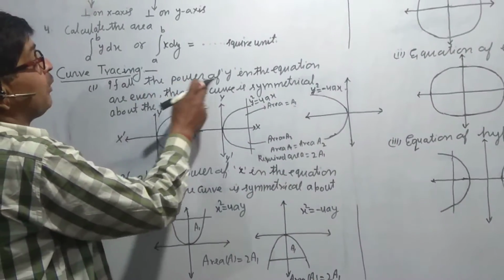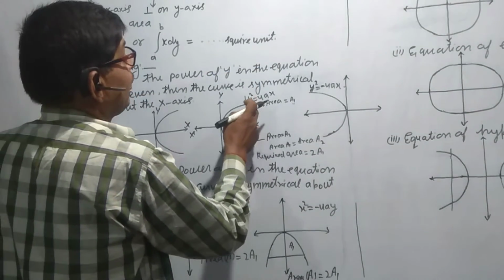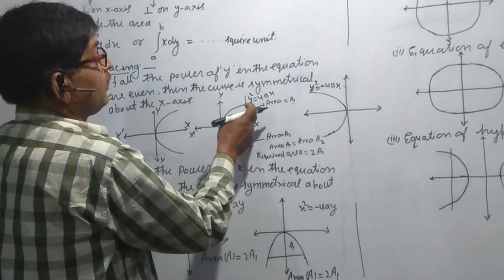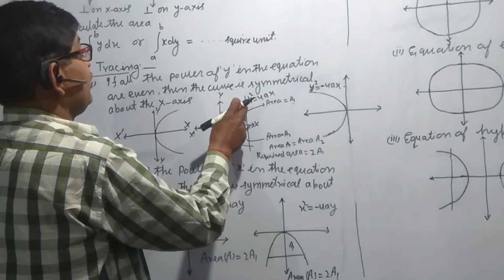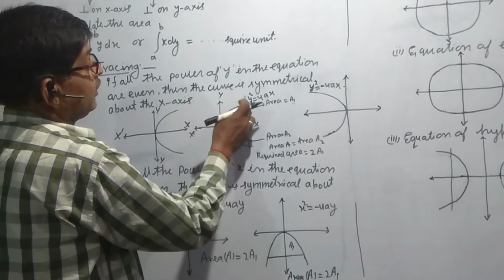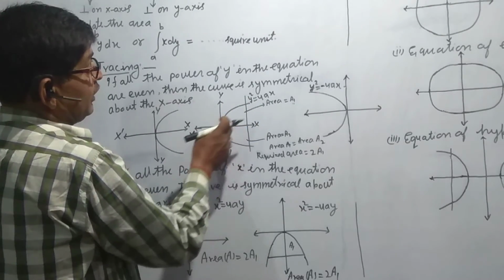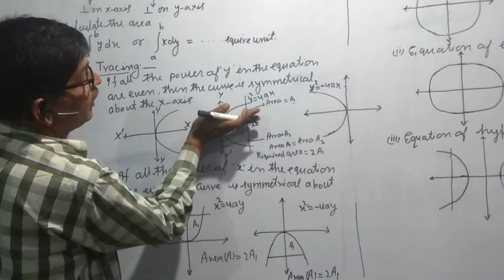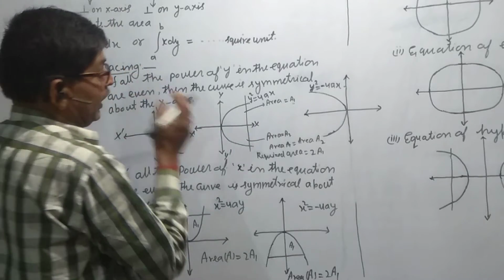Here, if all the powers of y in the equation are even, here the power of y is 2, that is even, so this curve is symmetrical about the x-axis. Symmetry about the x-axis means the same area in the upper side and the lower side.